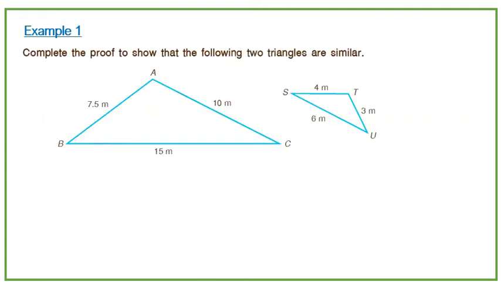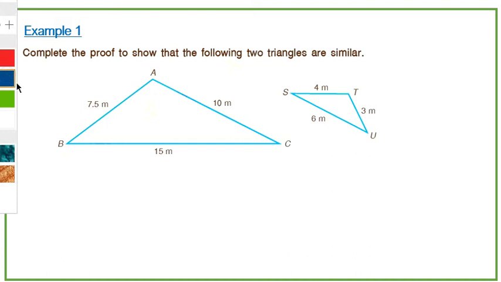Let us get an example. Complete the proof to show that the following two triangles are similar. Now let us first get the corresponding sides.